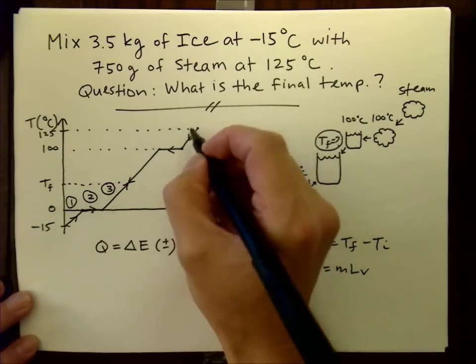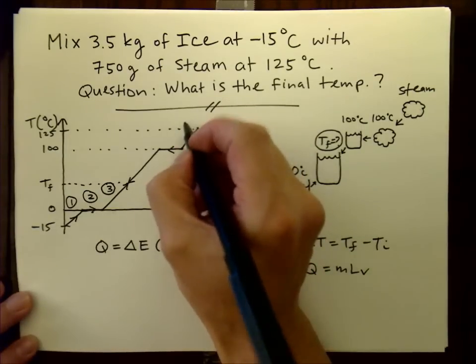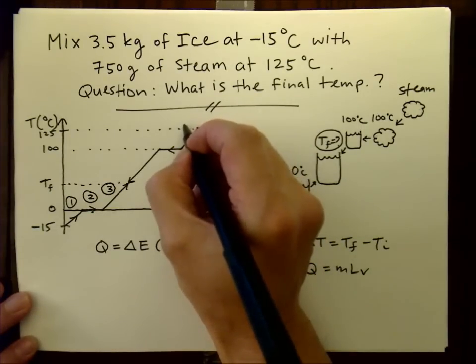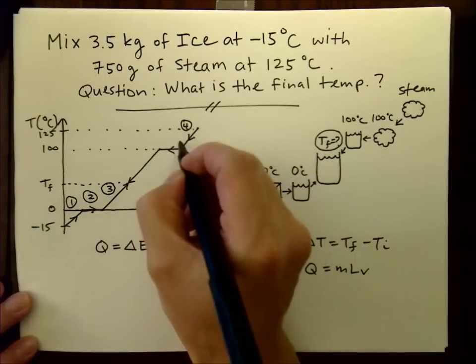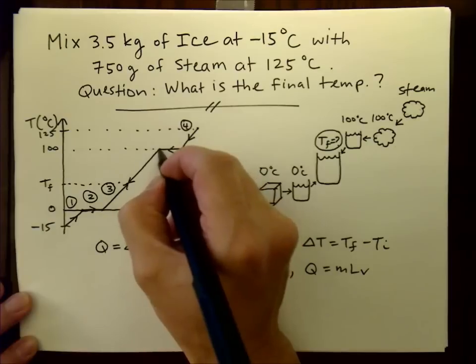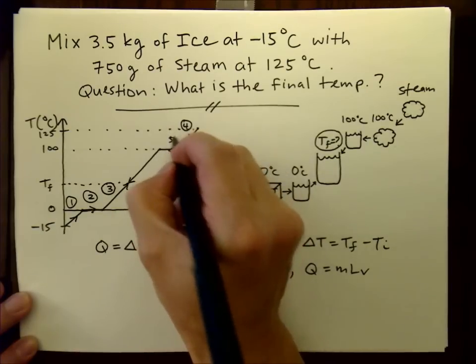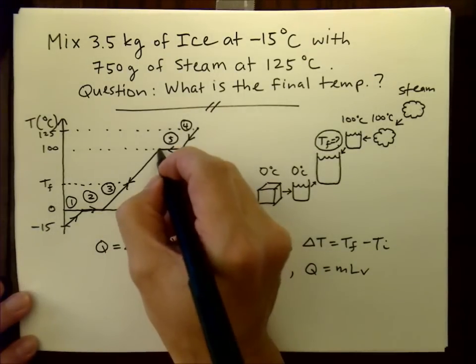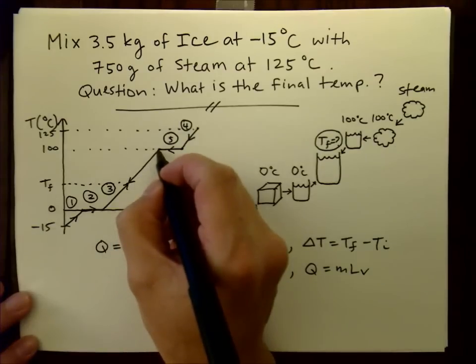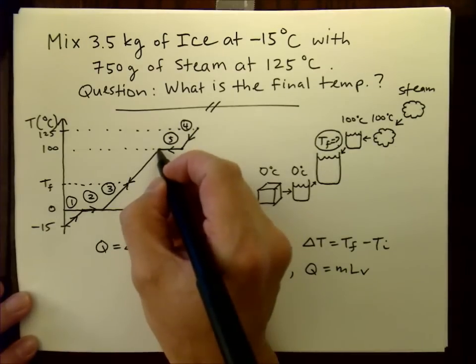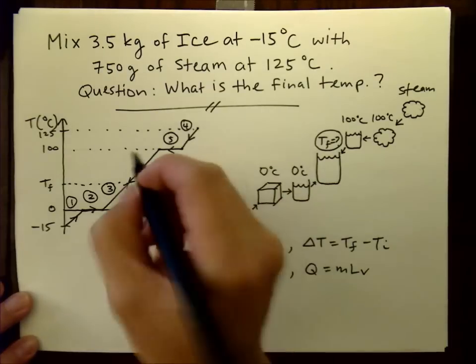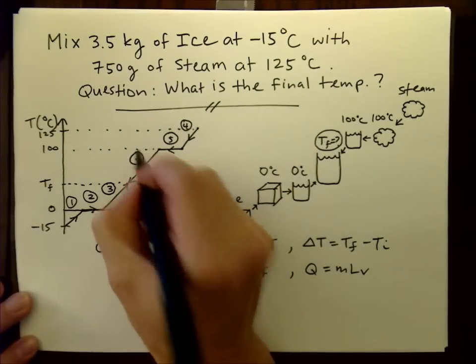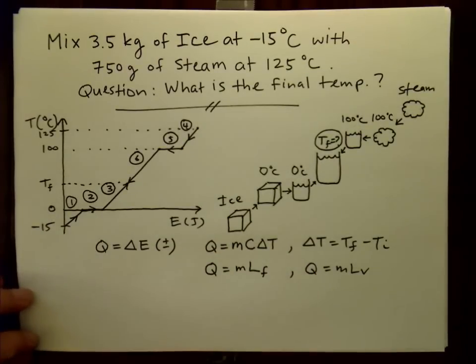If we start from the steam side, we know that steam must cool down first from the 125 degrees, and then once it's at 100 degrees Celsius, then it must actually start to condense, and that requires some release of energy. Once it's fully condensed into liquid form, it will actually start to drop in temperature, and there's heat associated with that.